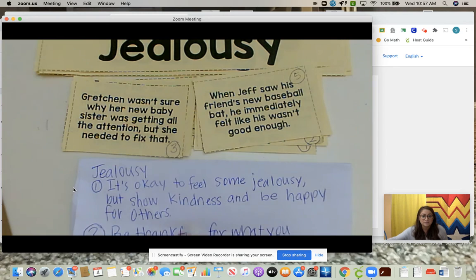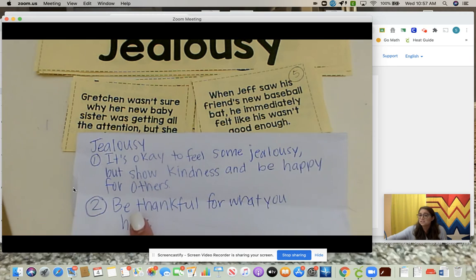Instead of being jealous of the little sister, Gretchen needs to be kind. She may still feel jealous, but overcome that and be kind. Or if it's towards a friend, be happy for them. Jeff can probably still feel jealous, thinking, I really want that bat, but I'm going to be happy for him. I'm going to say, you know what? That is a cool bat. I'm happy for you. So we can use this theme in our own life.